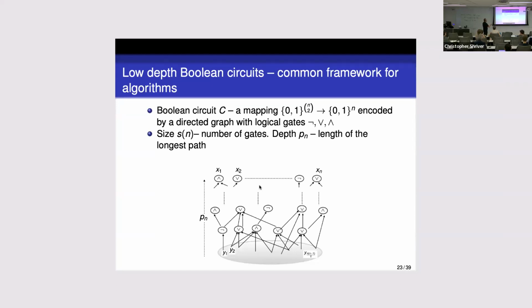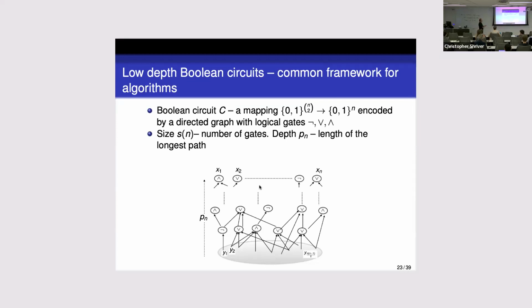Because the graph has an adjacency matrix representation, you can think of it as a bit string of length n^2/2. So when we think about a graph as input, we think of an element of this Boolean cube. A Boolean circuit will be a particular mapping that maps every such bit string to a bit string of length n, with the idea that the output bit string encodes an independent set.